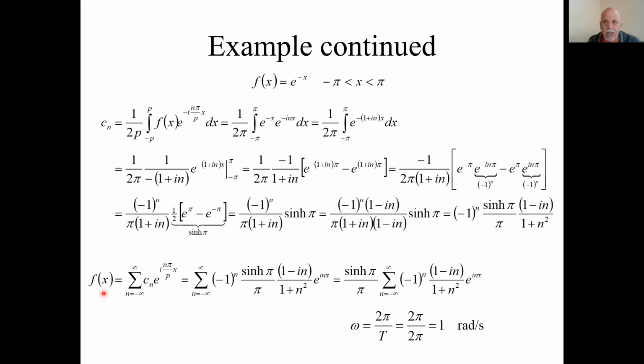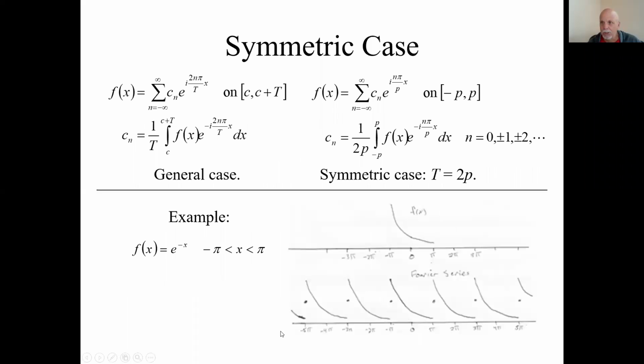Remember, this f of x is not quite the original function. It's this thing. It's what it converges to. And this shows you that relationship. Here's the original function. Here's what it converges to. But if you're only interested in this original interval, they're the same thing.